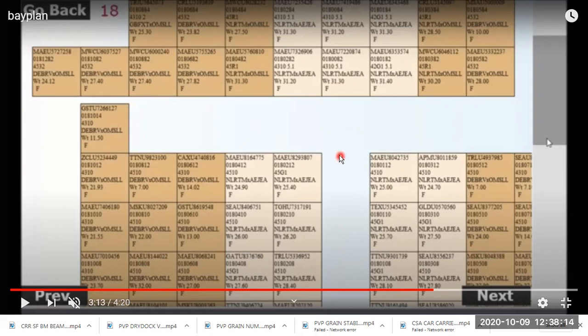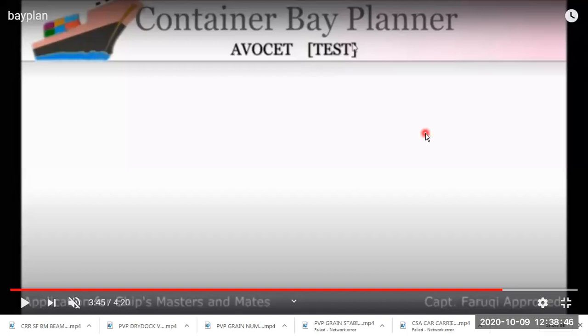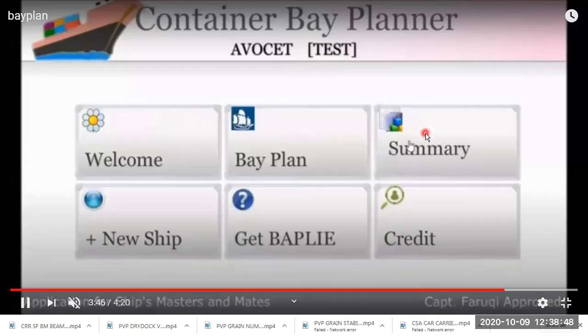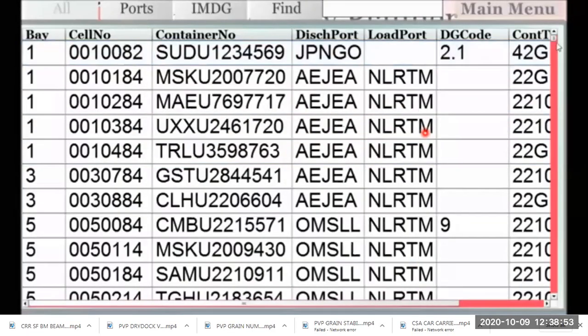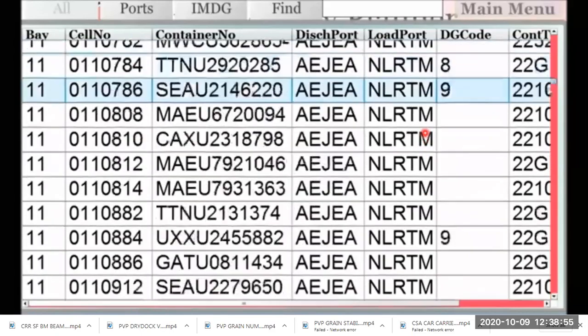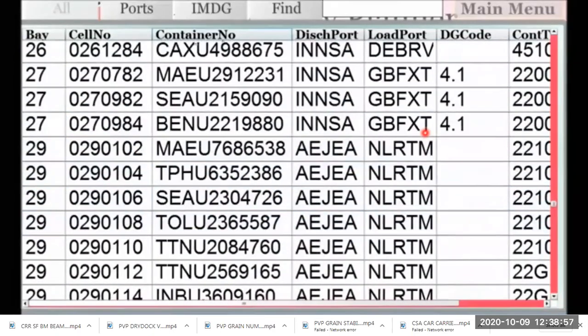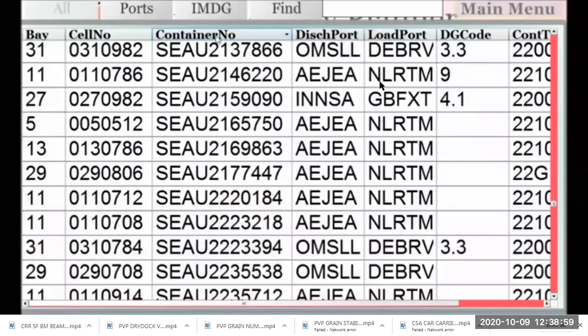So this is with different bay numbers, and this is how we enter in the Lodicator for each container. Like we have entered, and you get all the details: container number, cell number, and their details.